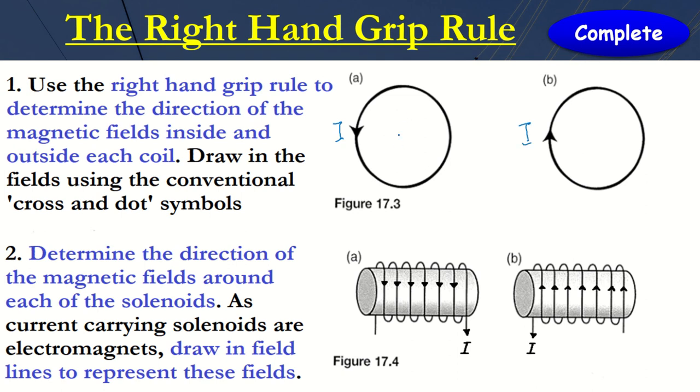If you use your right hand grip rule, our thumb is pointing out of the page in the center here. So it's coming out here, which means that the magnetic field, if you want to picture it, is coming out and then circling back to the other side.